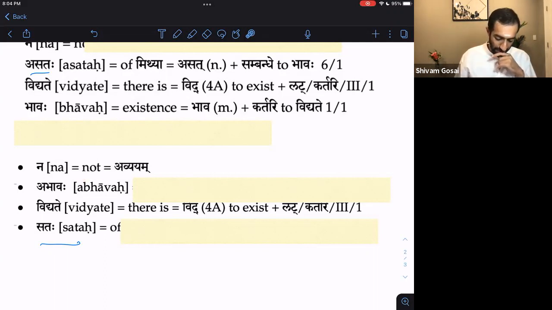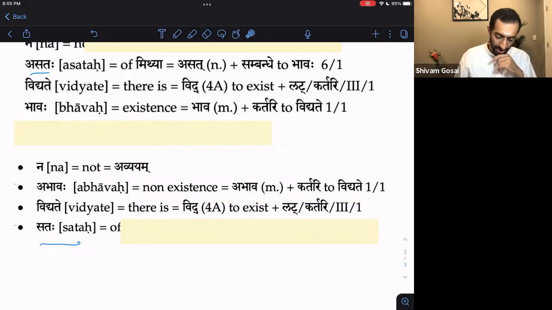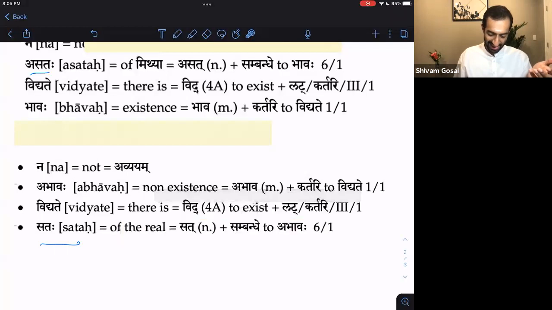There is not abhavaha. Abhavaha means non-existence. There is not non-existence. Abhava pratipadika kartari pratama to vidyate. This is 1-1. There is not non-existence for what or of what? Of sataha, of the real. Sambandhe shashti to abhavaha.